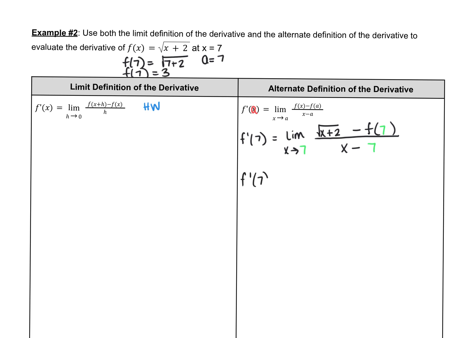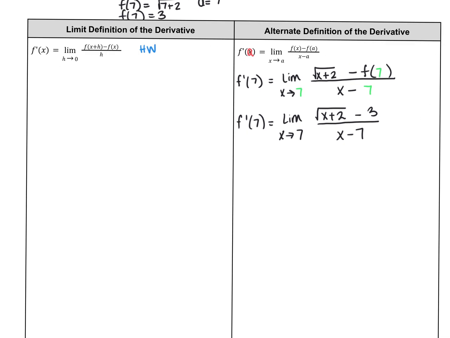So f prime of 7 is the limit as x approaches 7 of rad x plus 2. Now instead of f of 7, we're putting in 3. That's what it equals. All over x minus 7. So again, in order to evaluate a limit, we always should try direct substitution first.